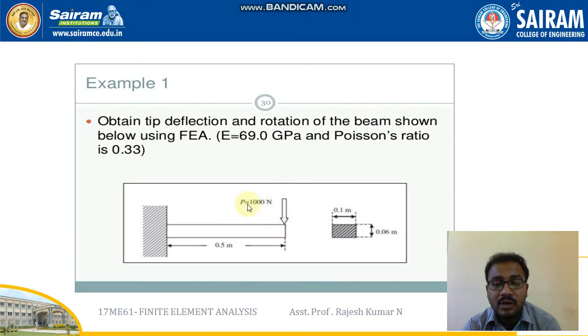So when solving the problem, we need to consider the P value as minus 1000 Newton, since it is acting downwards, and theta. Definitely there will be a movement at this point, since it is a cantilever beam. If a load is applied, then definitely there will be bending. So it is clear that in this problem we will be finding the theta 2 value. We'll just see how to find that.